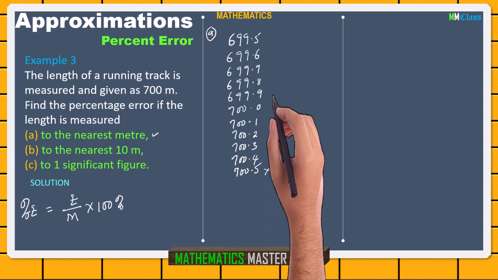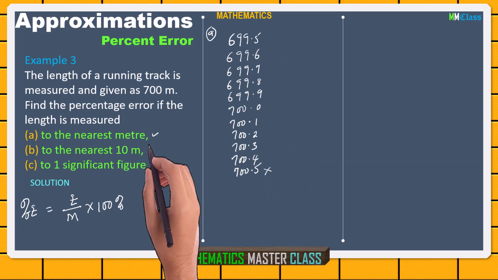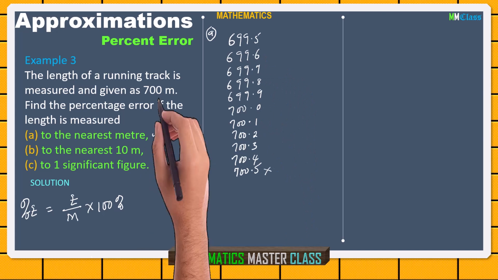All of these numbers, if you approximate them to the nearest meter, you will get 700 meters.